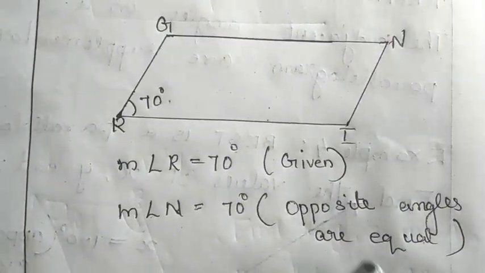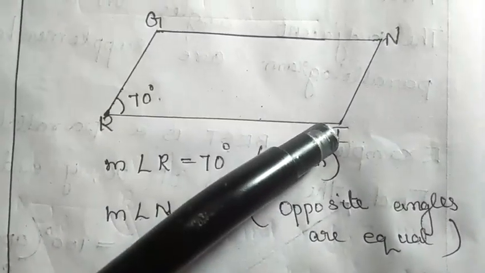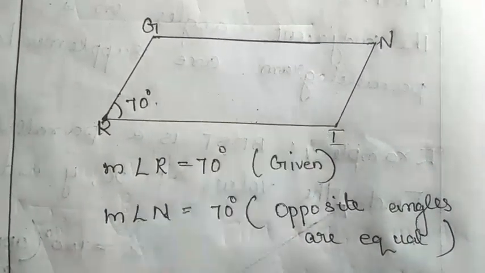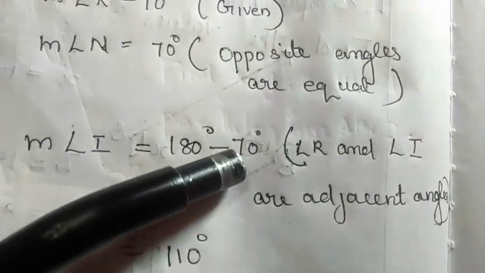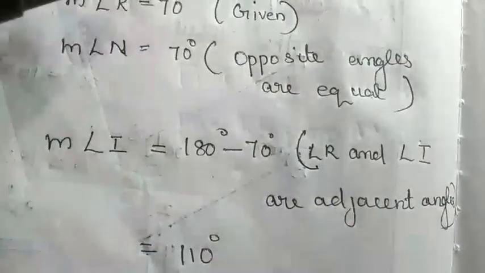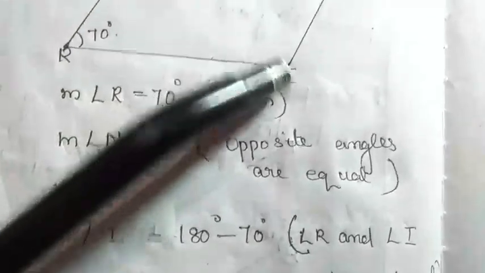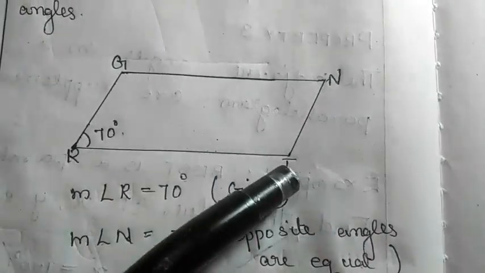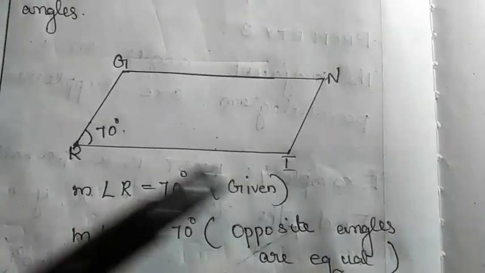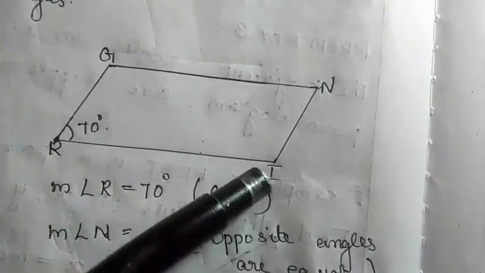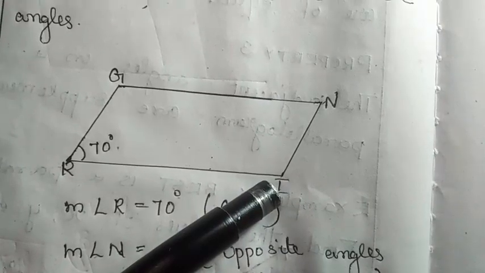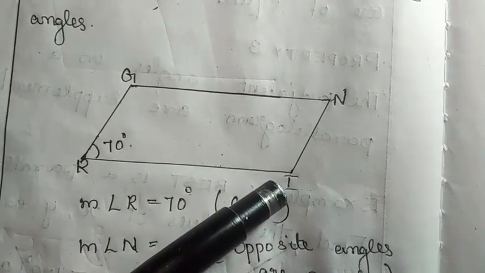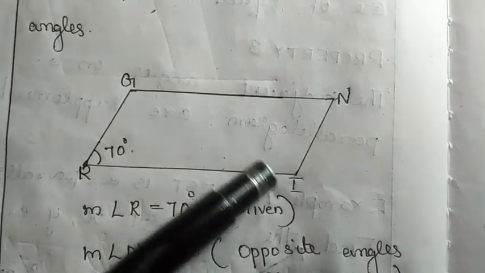Next, we are going to the next angle I. Measure of angle I equal to 180 minus 70. Why? Angle R and I are supplementary adjacent angles. Angle R and angle I are adjacent angles. So, adjacent angles are supplementary.